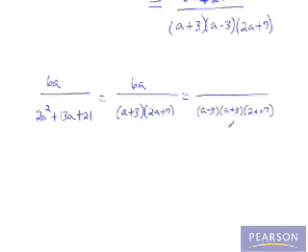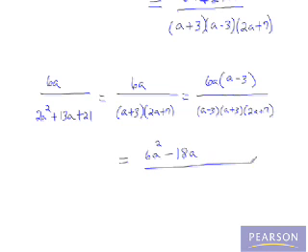Comparing our two denominators, we are missing the factor of a minus 3. Therefore, I need to multiply the top by that factor of a minus 3. Using the distributive property, we get 6a squared minus 6a times negative 3, or negative 18a, over our LCD of a minus 3, a plus 3, 2a plus 7.